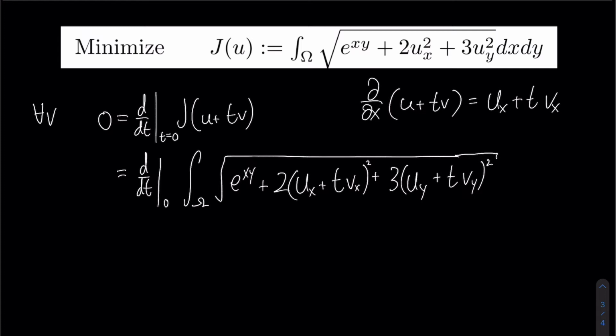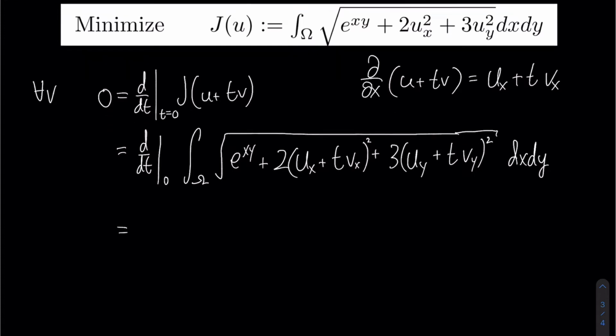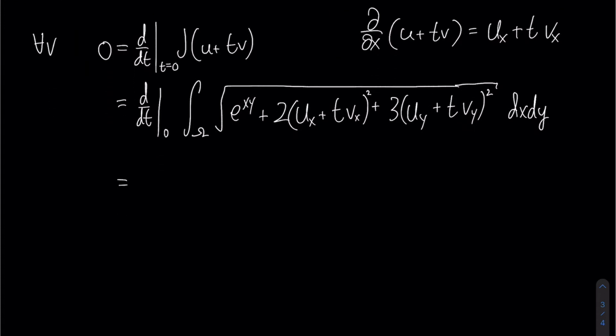Okay, so now, again, we're deriving with respect to t, right? And so I have to use the chain rule again, similar to what I did before in the previous video. Okay, so we're going to speed things up a bit because we're used to this by now.